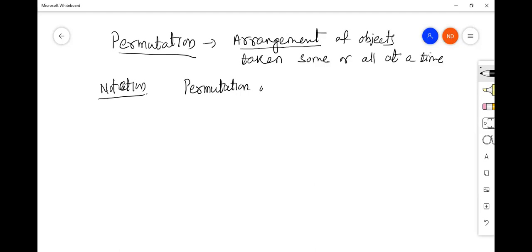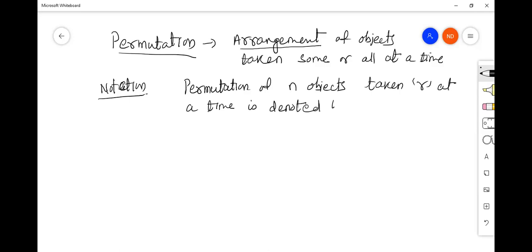The permutation of n objects taken r at a time is denoted by nPr.